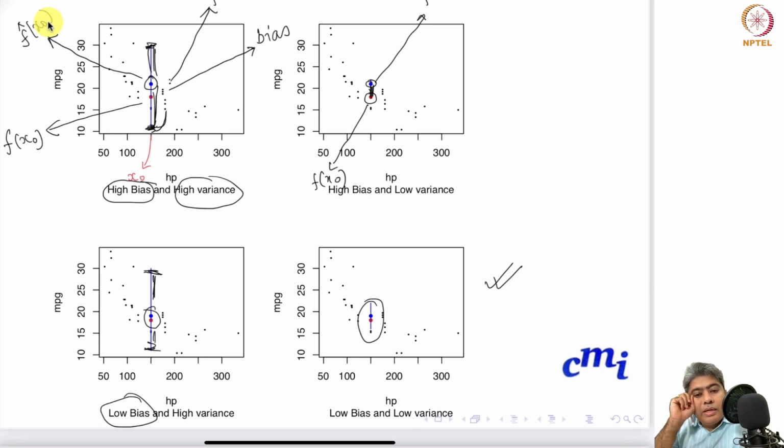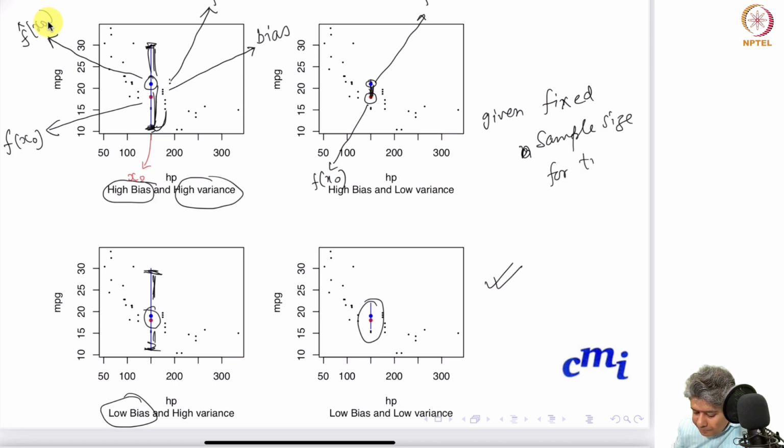Given a fixed sample size n for training or fitting, if you try to reduce bias too much, your variance will shoot up. If you try to reduce variance too much, your bias will shoot up. This is typically the case.